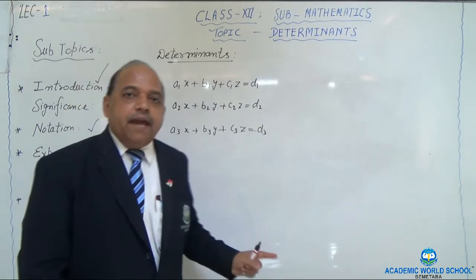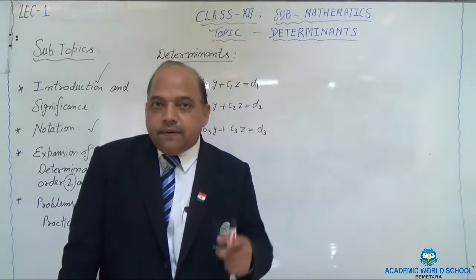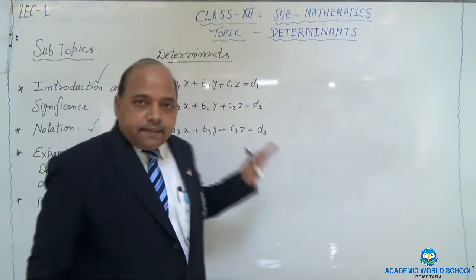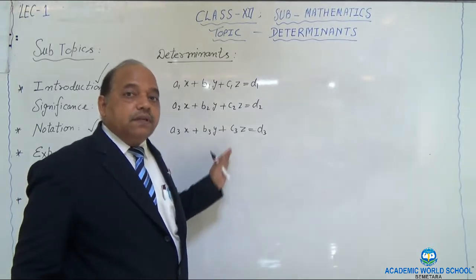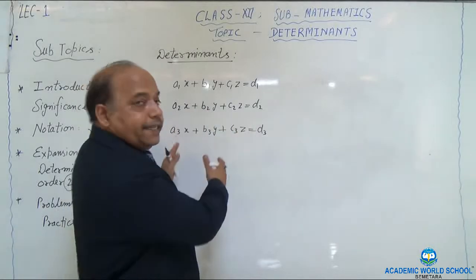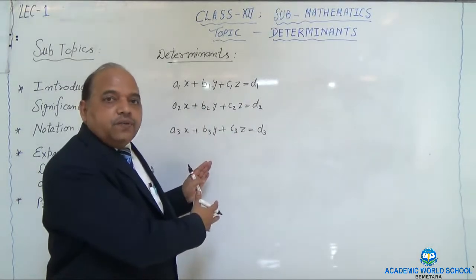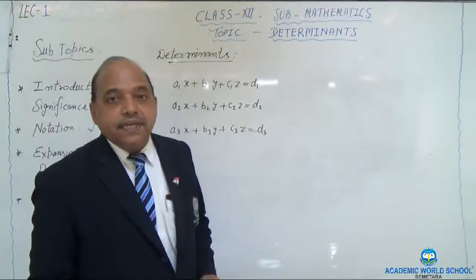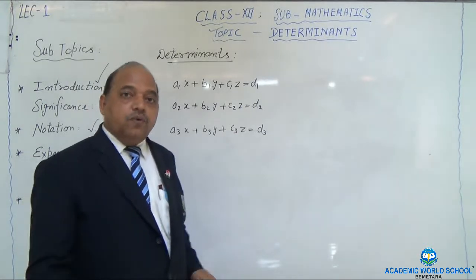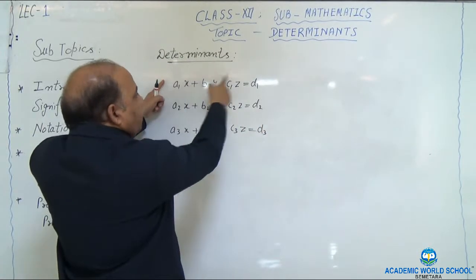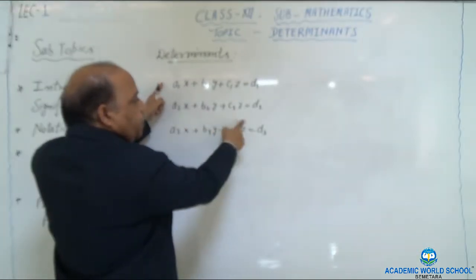Now the way we have written in the case of x and y, can we write this system of linear equations also in the form of matrices? So the answer is yes, we can write. Now next question, how do we write? First take up all the coefficients.